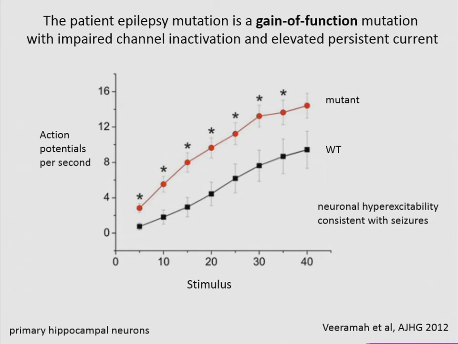And you can see that in these transfected cells. We're looking at how many action potentials are generated per second, and we've transfected either the wild type or the mutant channel. And at any of these stimuli, you get twice as many action potentials when you put in the mutant channel as if you put in wild type channel. So this is a neuronal hyperexcitability phenotype consistent with seizures.